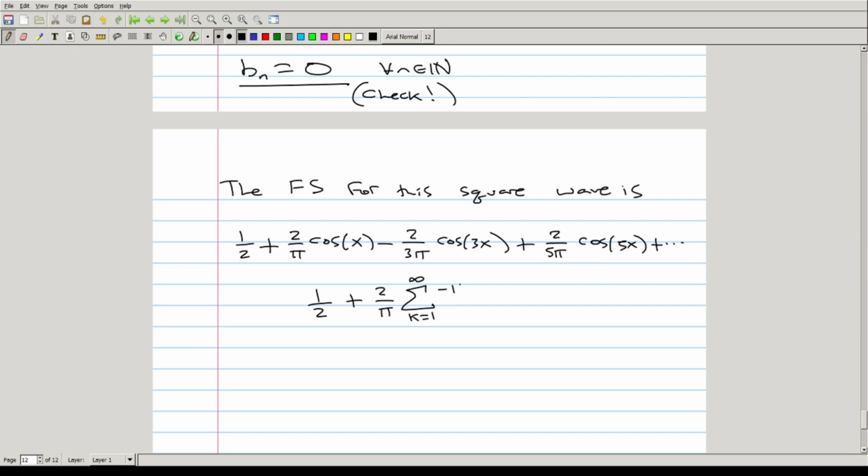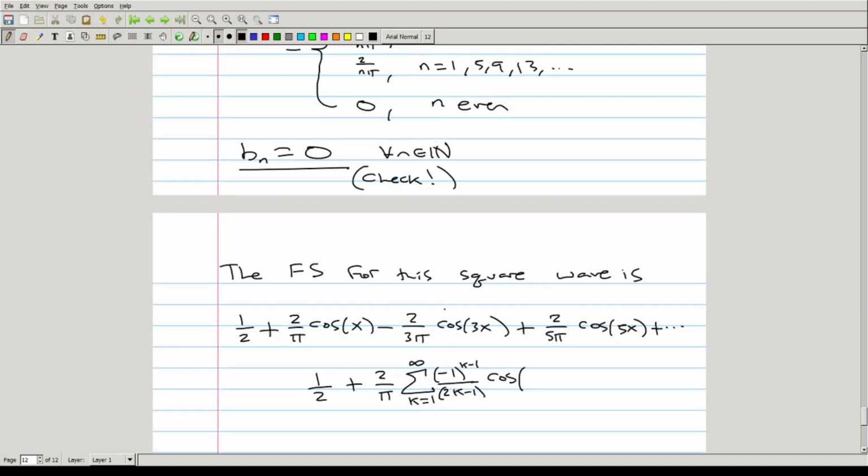This will be negative 1 to the k minus 1, over 2k minus 1, times cosine of 2k minus 1 times x.